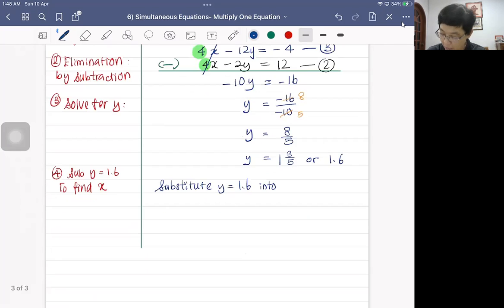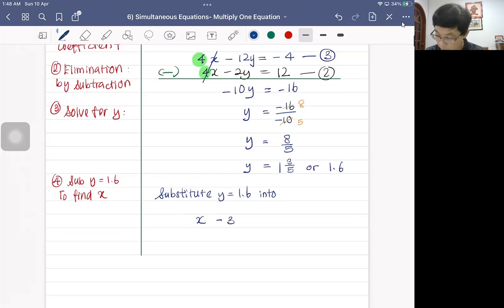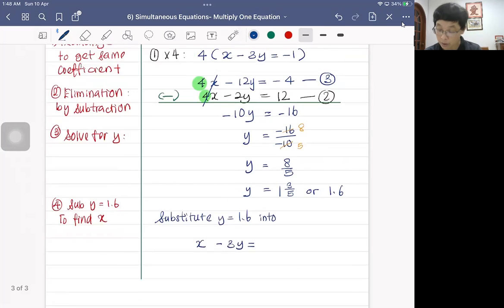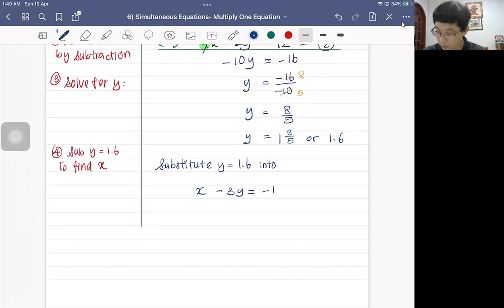Yes. So now equation 1 is x minus 3y equals minus 1. Then x minus 3, of course, you're going to take your 1.6 and sub into that. Let's put that 1.6 equals negative 1.